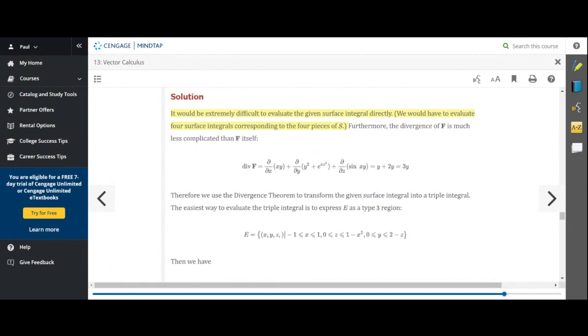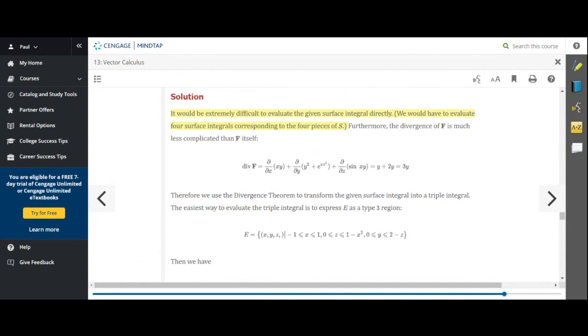I don't know if extremely difficult is the right word, but it would be more difficult. Also remember, you would have 4 double integrals to compute too. But if we use the divergence theorem, we take the divergence of that vector field, which they have done, and you end up getting 3 times y.